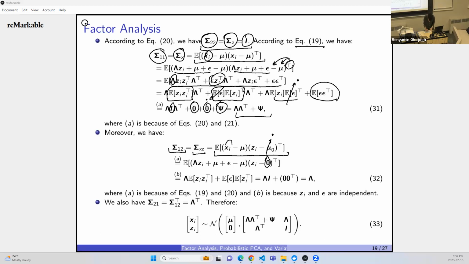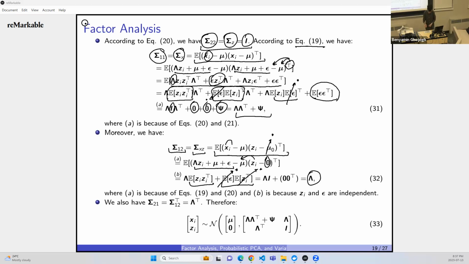I replace Xi with the formulation of Xi in factor analysis, equation 19. And then again, expectation. So I apply this Zi transpose to the elements, and then I know expectation is a linear operator. I apply it on the elements. I know also epsilon and Zi are independent, so I can write it in this way. Expectation of epsilon is 0. This is also 0. This is covariance matrix of Zi, which is identity. Therefore, it became lambda. Interesting.